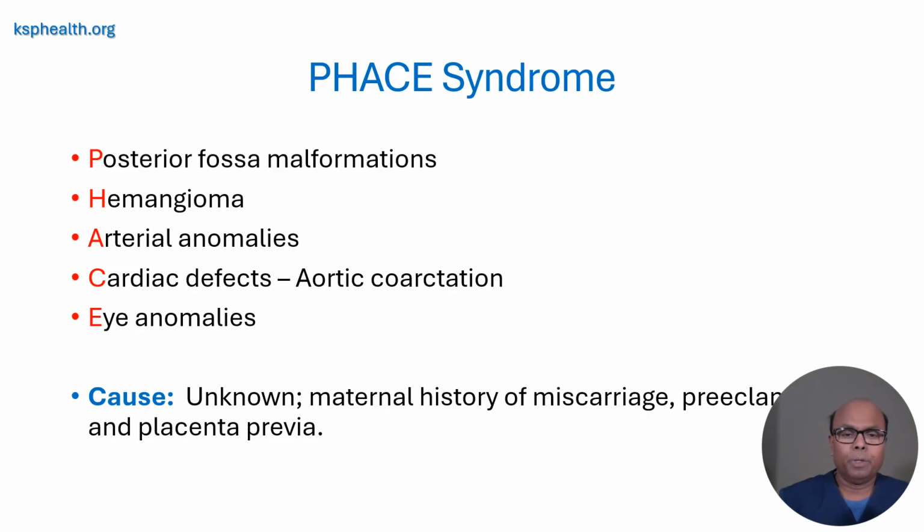PHACE syndrome stands for posterior fossa malformation, hemangioma, arterial anomalies, cardiac defects such as aortic coarctation, and eye anomalies. The cause is unknown. Oftentimes, it's associated with maternal history of miscarriage, preeclampsia, and placenta previa.